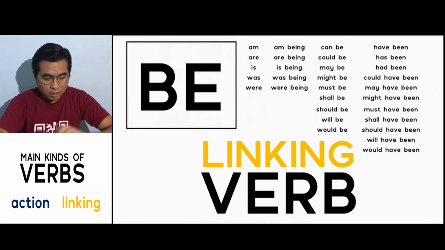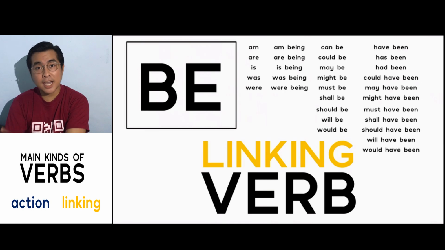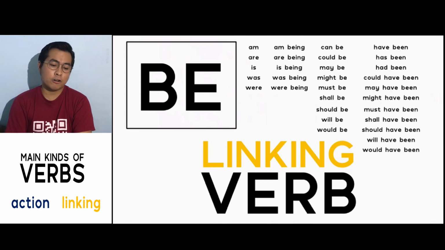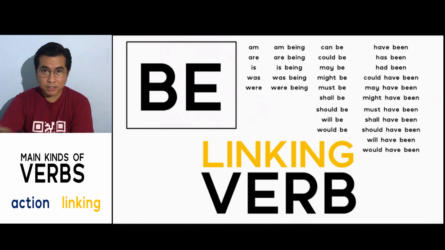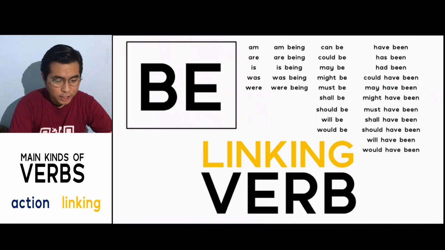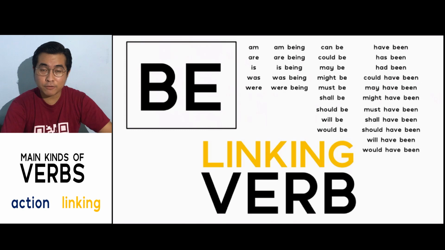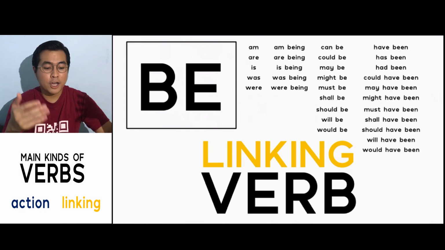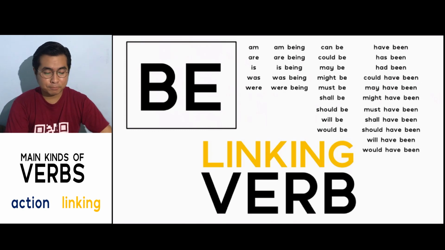Again, the be verb is dependent on the tense, the aspect, or the part of the verb that it follows. That will be a different video. Here, you could always look into this chart if you want to know the different forms of the be verb.